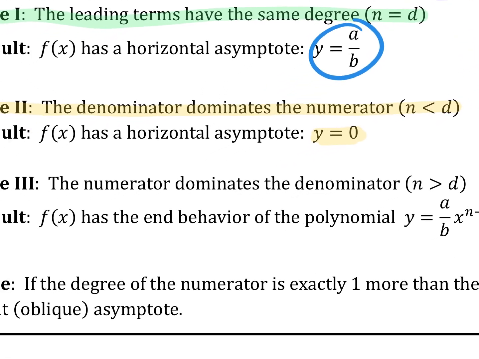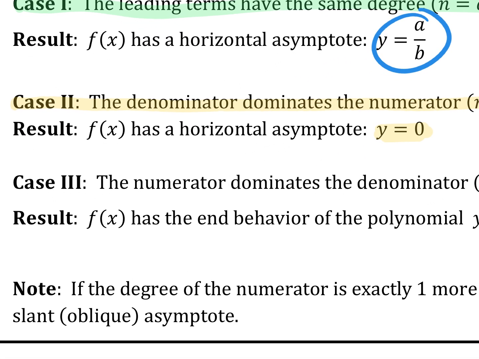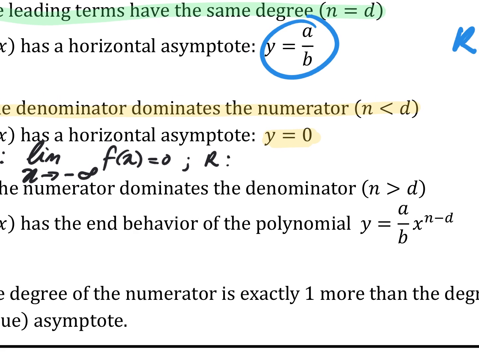In limit notation, the limit on the left side, as x approaches negative infinity of f of x, is equal to 0. Now for the right side, the limit as x approaches positive infinity of f of x is equal to 0.